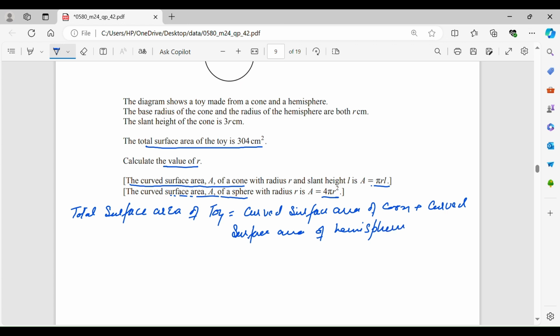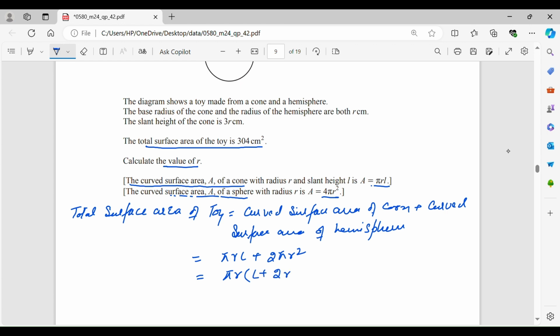So the curved surface area of the cone is pi rl plus the curved surface area of the hemisphere, which is 2 pi r square. We just need to halve the surface area of the sphere. So this can be written as pi r bracket l plus 2r.